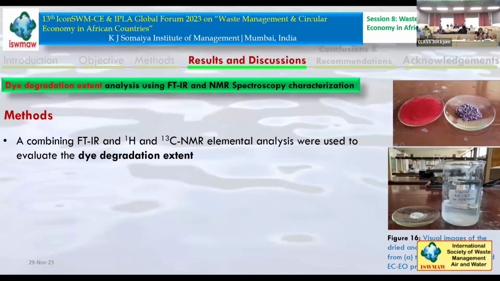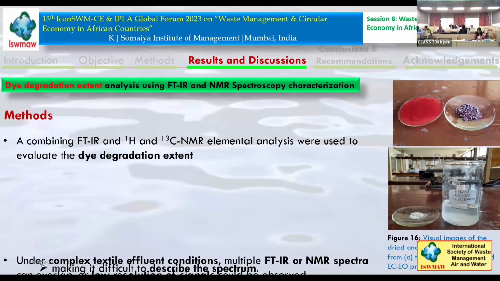For the degradation analysis, we used combined instrumental analysis, which is FTIR and NMR spectrum, because we need to be very sure while analyzing the extent of dye degradation.